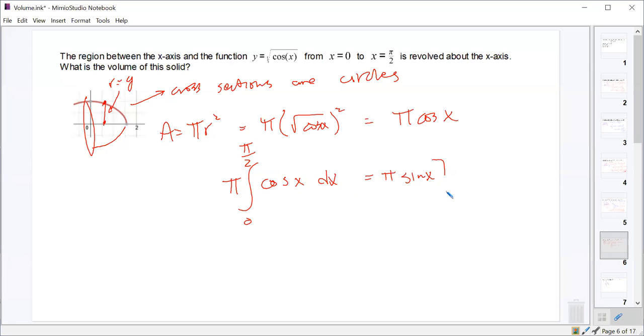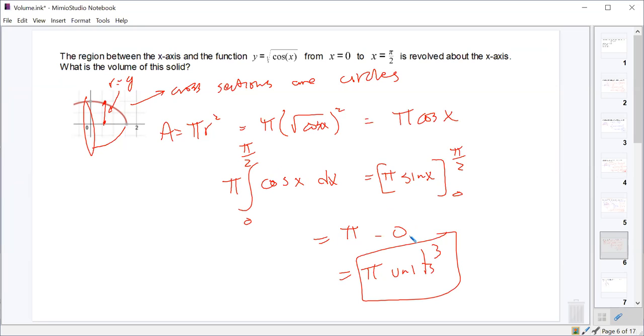Or pi sine x from 0 to pi over 2, which is pi minus 0 or pi units cubed. Good? So good. Great.